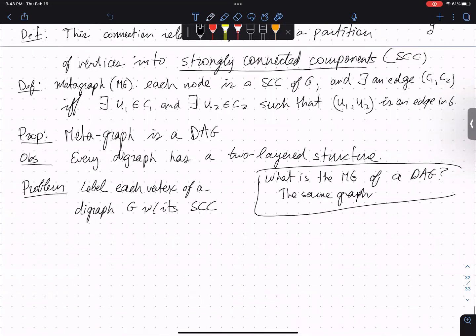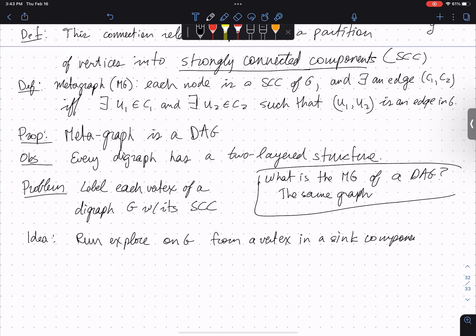So that leads us to the idea: run explore on G from a vertex in a sink component. Then anything in that explore we mark as, okay, this is the first strongly connected component.